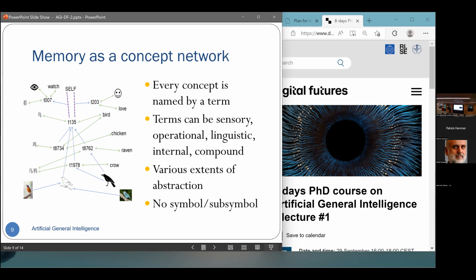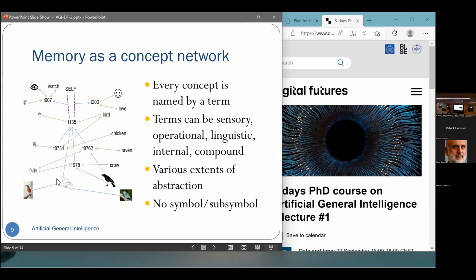Everything is abstract to a degree, and what we call symbolic tends to be at a higher level of abstraction. What we call sub-symbolic tends to have a lower level of abstraction, but there's no fundamental difference. We don't draw a line and say, so you do a hybrid or something.